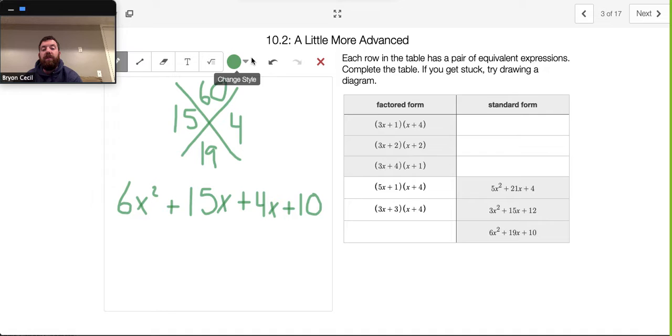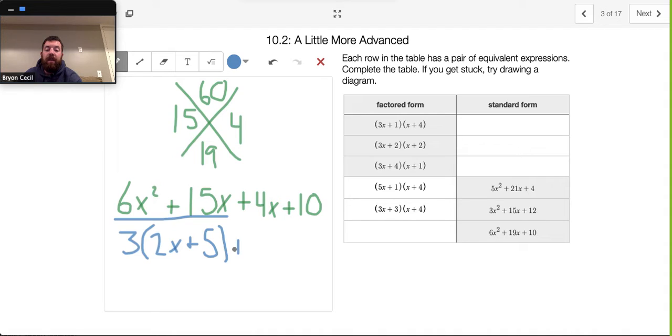So now what we do, the reason it's called grouping, is we pull out what these two have in common. So 6x squared and 15x have a 3x in common, right? And so then I'm going to get 2x plus 5. And then I say, okay, what does 2x and 10 have in common? Well, they have a positive 2 in common. I'm sorry, this should have been a 3x. I know it's tough to see.